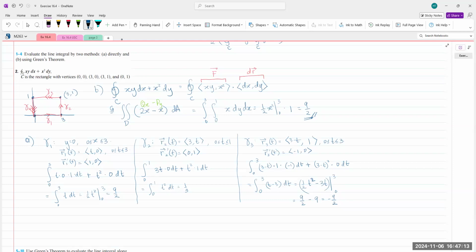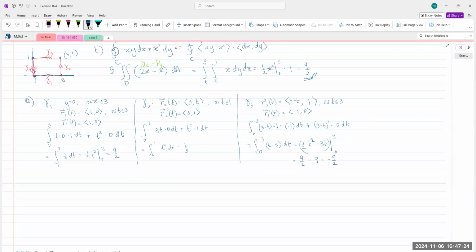Am I okay so far? Now gamma 4, we are not done yet. For gamma 4, the parameterization of r4 of t has x already 0, but y goes from 1 to 0. So r4 prime of t is (0, -1).